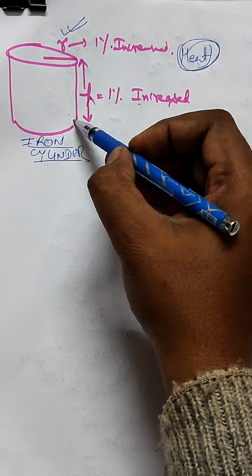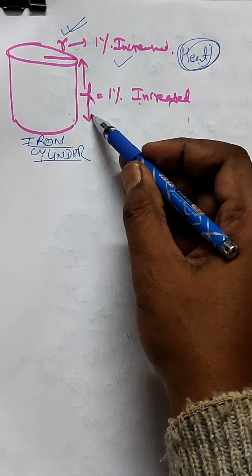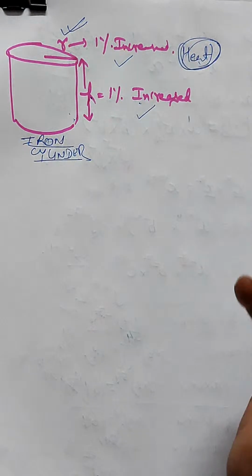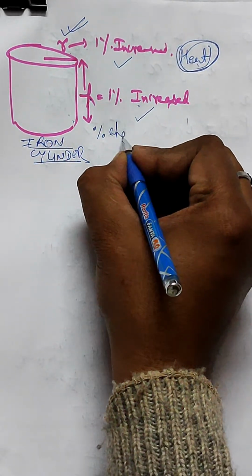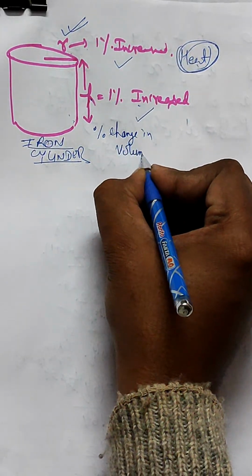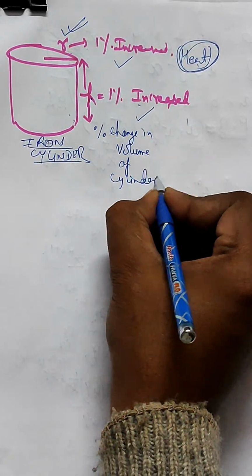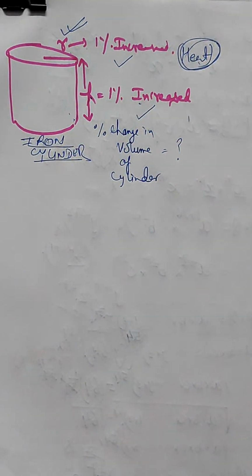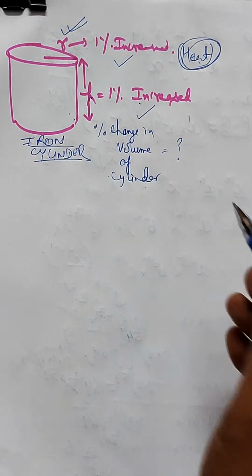So this is made up of iron, so radius is increased by 1% and height is also increased by 1%, right? We need to find the percentage change in volume of the cylinder. This we need to calculate.